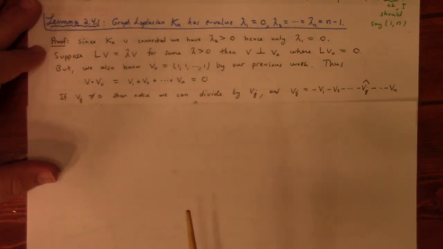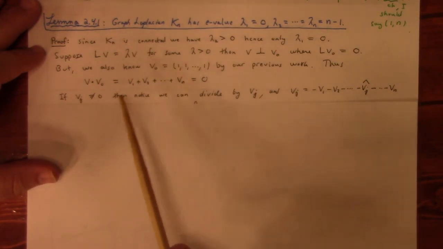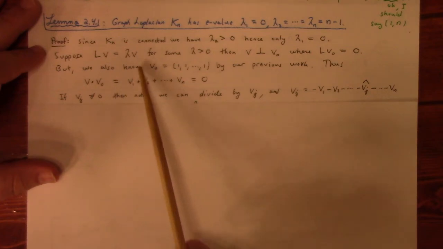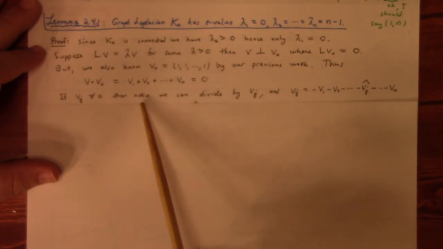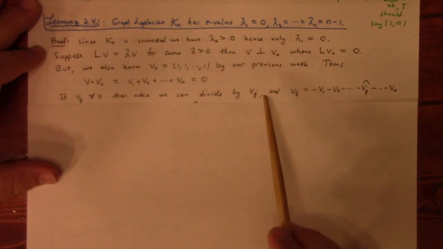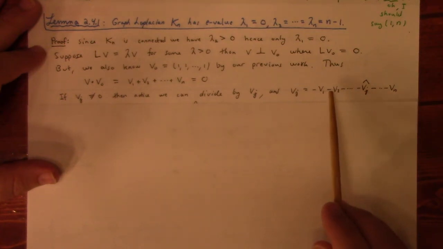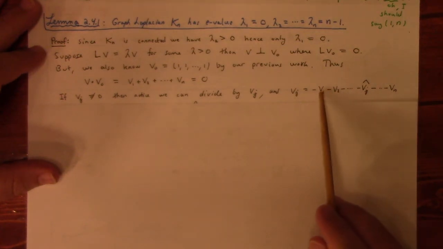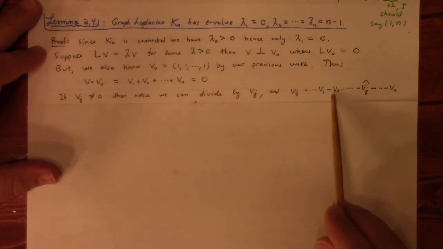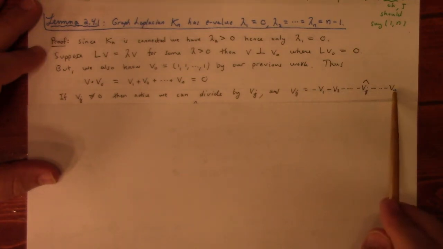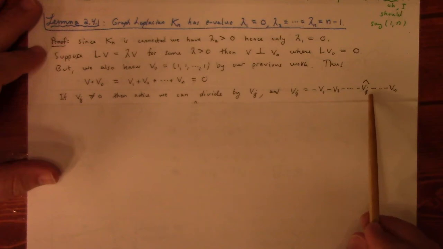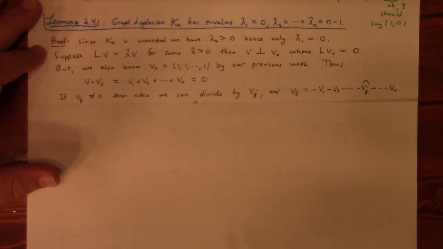But let's suppose that the jth component is non-zero. One of them has to be because it's an eigenvector, so it's a non-zero vector, right? So at least one component must be non-zero. And so we can solve for that component: vj is minus v1, minus v2, minus dot dot dot, minus vn, where this hat means that I'm omitting the jth one, right?